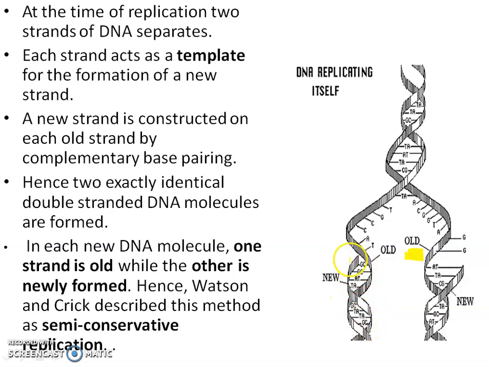So 2 DNA are formed from that single DNA, with one strand being the old one and the other one being the new one. This is called semi-conservative. That means it is not totally old, but half new and half old. So this is called the semi-conservative nature of DNA.